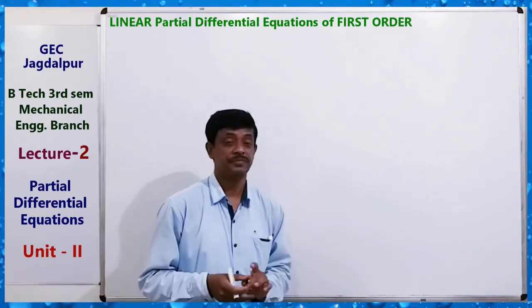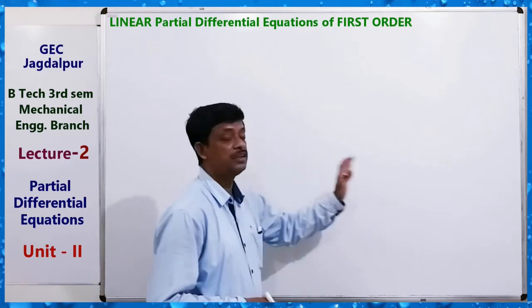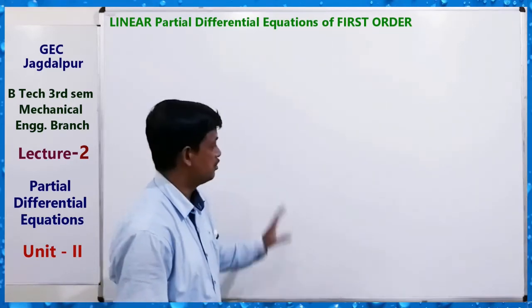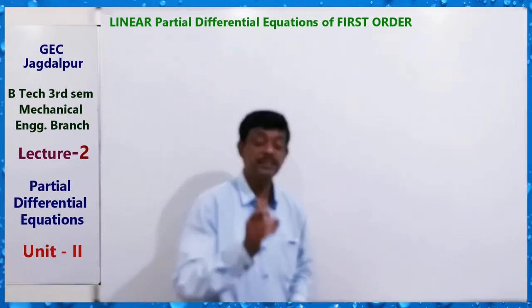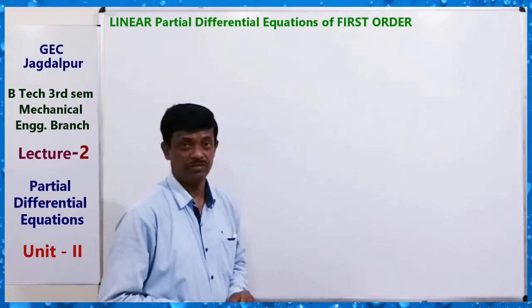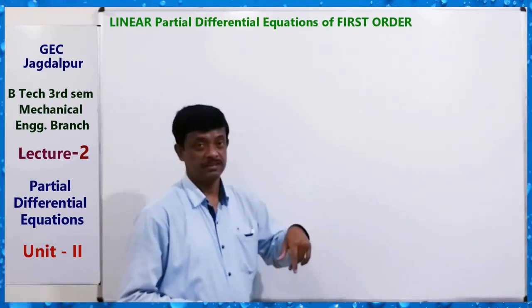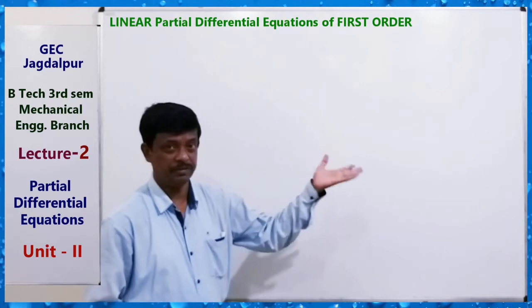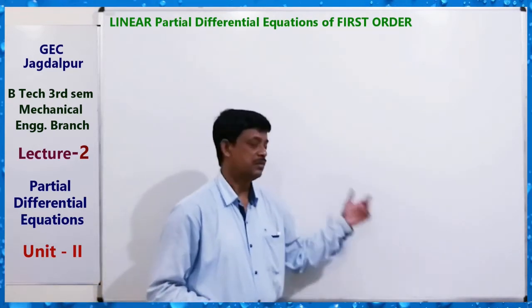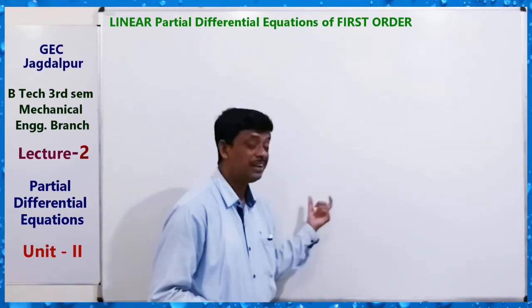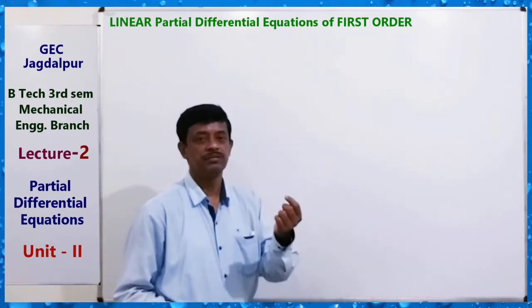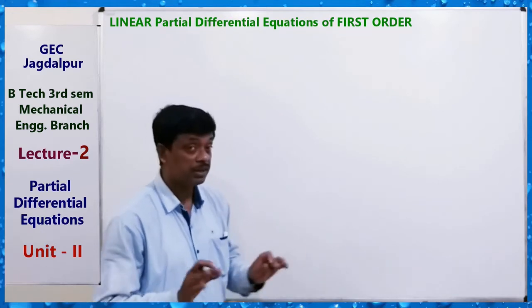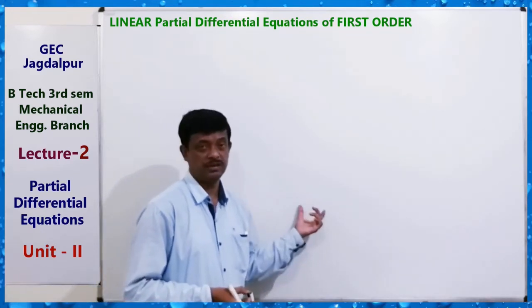First order means only p and q are present in the partial differential equation, and linear means the power of p and q is linear and they are not multiplied with derivatives of the dependent variable. Linear means the power or degree of p and q will be 1. So that is a linear partial differential equation of first order, and only p and q are present.